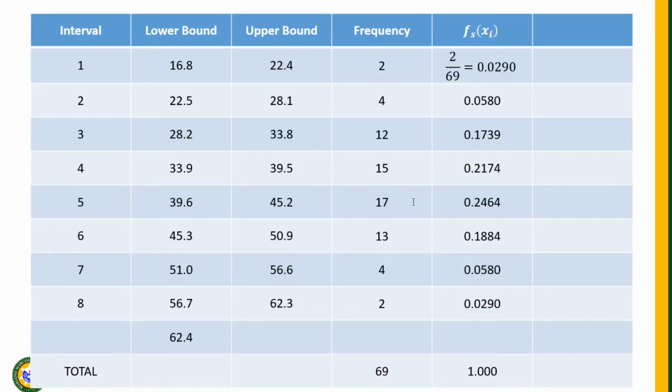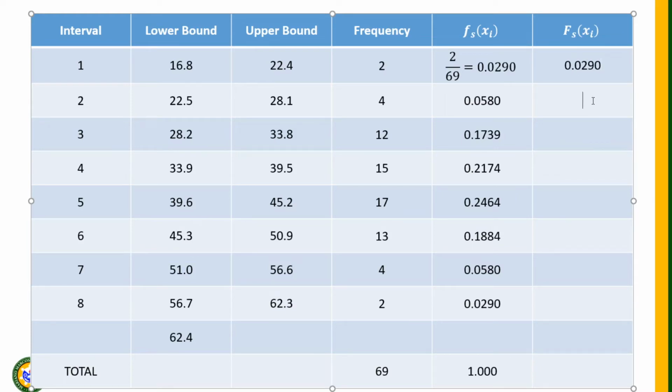So basically, we name it F sub S of X sub I. Since there is nothing before the first interval, the sum is just 0.0290. For the next interval, this is now the sum of the two previous relative frequencies, so that's 0.0290 plus 0.0580, which is 0.0870.